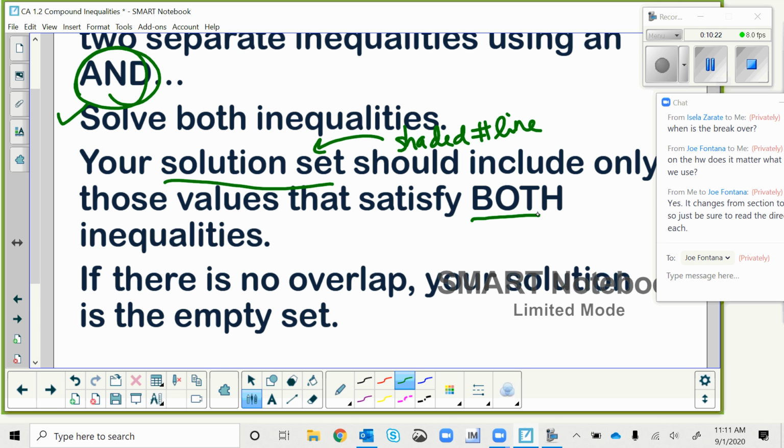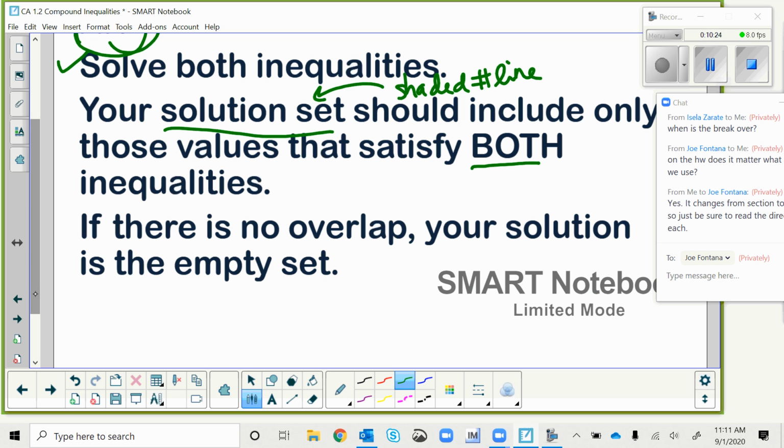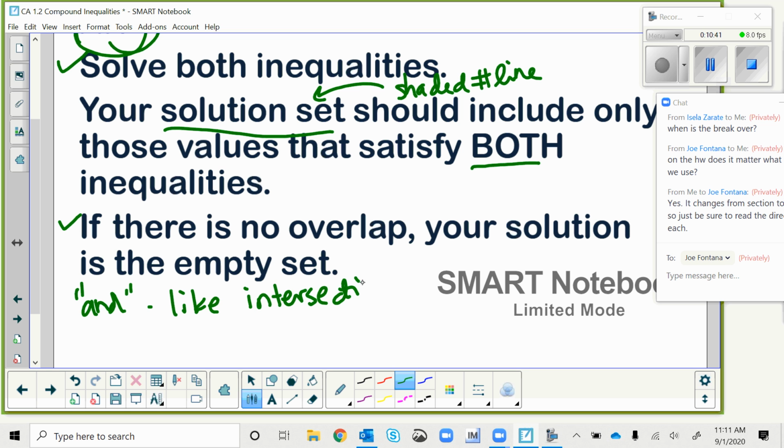If there is no overlap, your solution is the empty set. This is like intersection. Only where they overlap, only what they have in common, not all of it put together into one bigger answer.